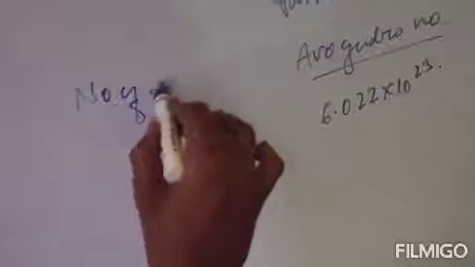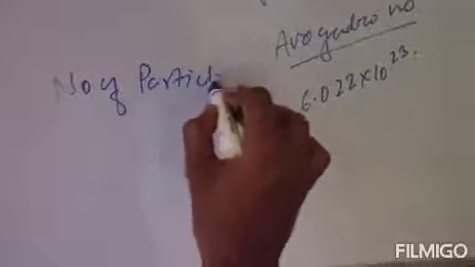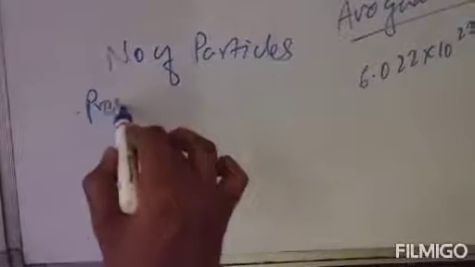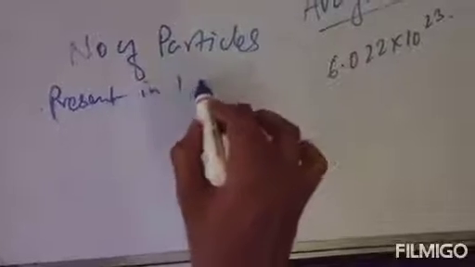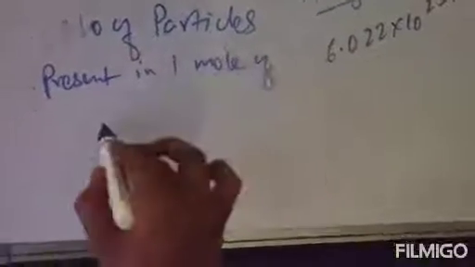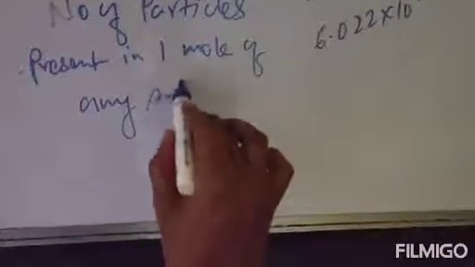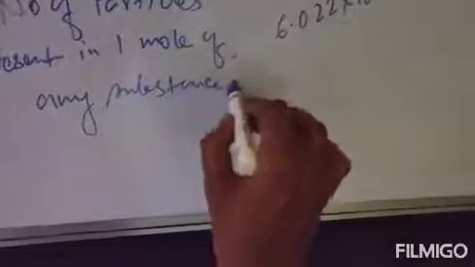That means the number of particles present in 1 mole of any substance is 6.022 into 10 to the power 23, and this is fixed.